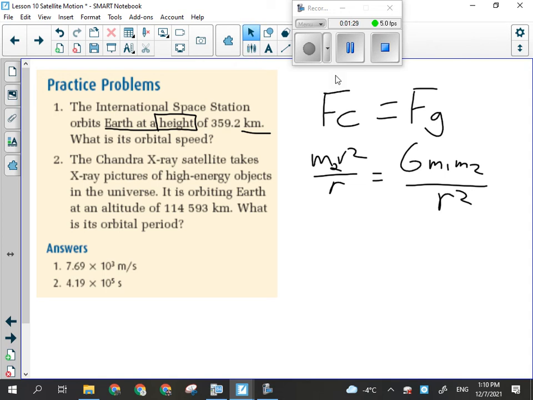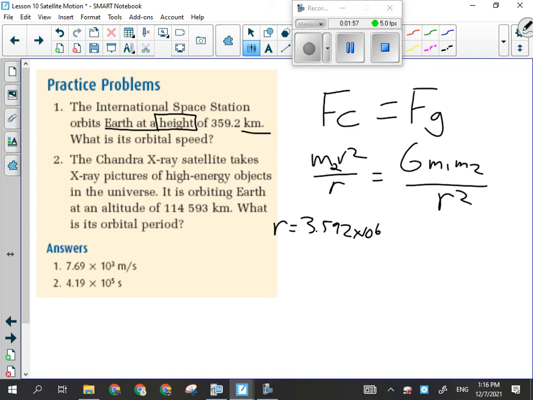All right, so for number 1, they tell us the orbital height. So the first thing I want to do is get the orbital radius, because that's one of the things in my formula, r. My orbital radius is going to be 3.592 times 10 to the 6. That would be my actual height, because I'm converting it into meters, so that's another 1,000.